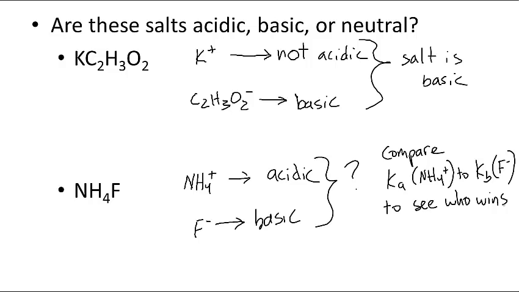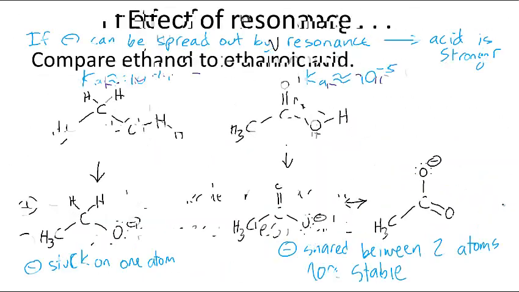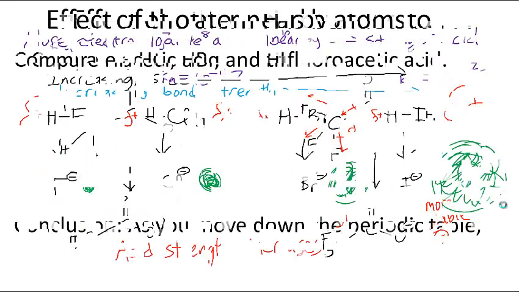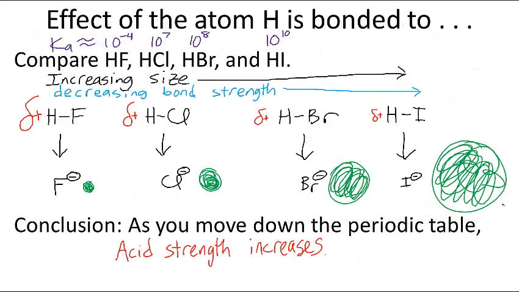But when you watch lecture 17.4, we talk about trends in acidity. And it turns out you have hydrogen bonded to different elements. If the element hydrogen's bonded to is bigger, that tends to make the acid get stronger.